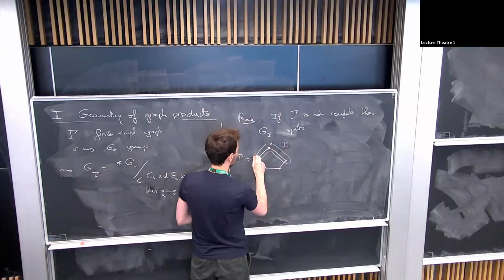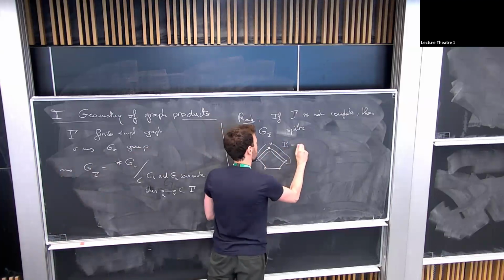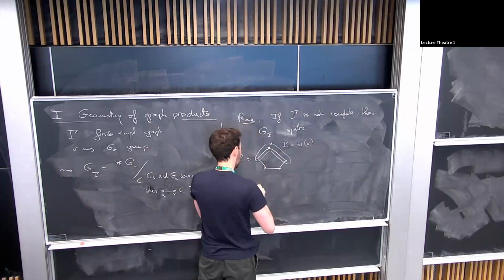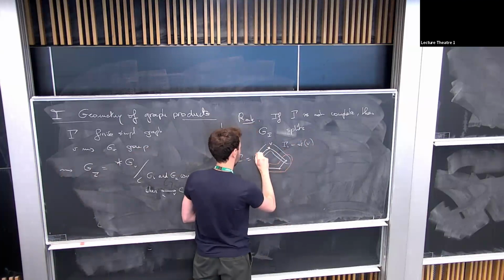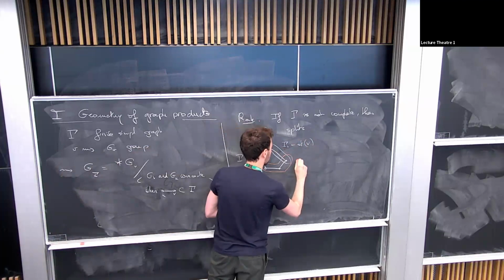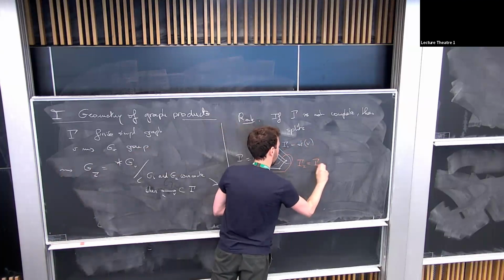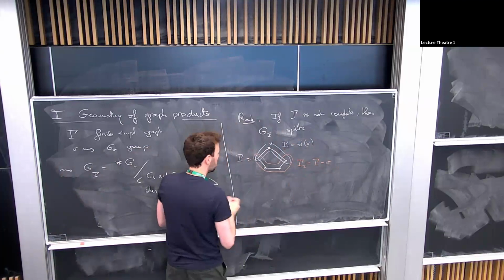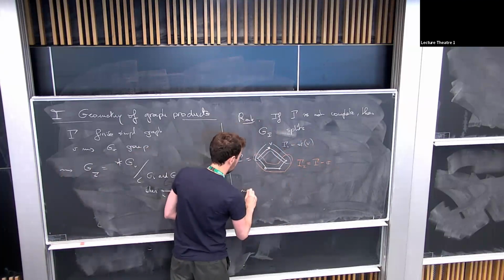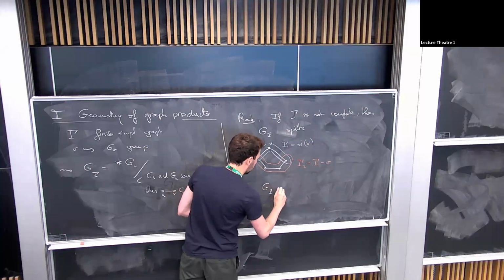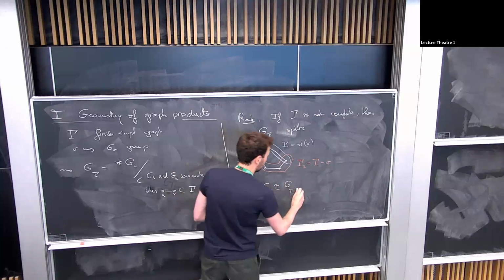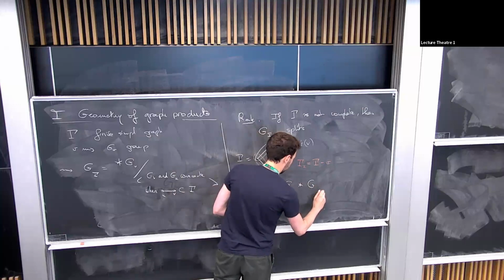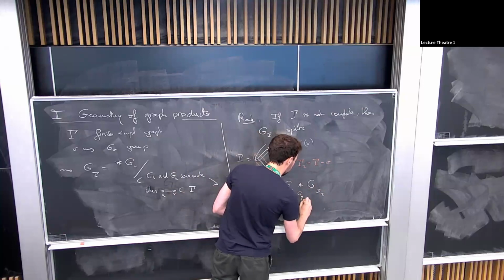I can look at the complement of V. Here's my second graph gamma 2. And what I have is a decomposition of G_gamma as the amalgamated product of the graph product over gamma 1 and the graph product over gamma 2, over the graph product over the intersection.